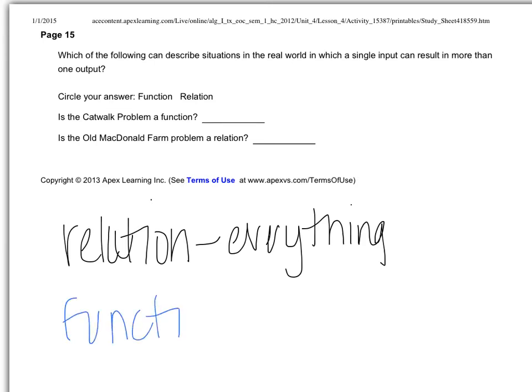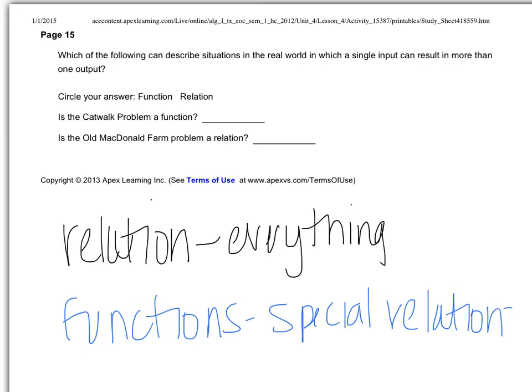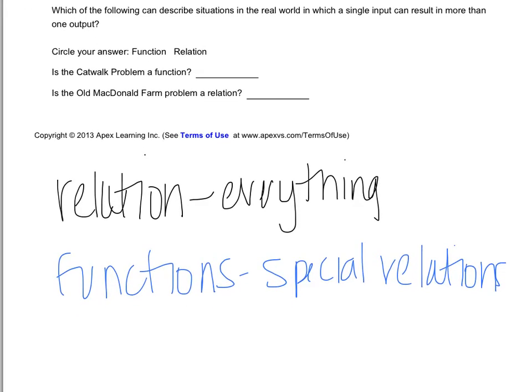Functions are special relations. Okay? And the reason they're special is because they have one input equals one output. Like your student ID number. You put in one student ID number, you get out one student.